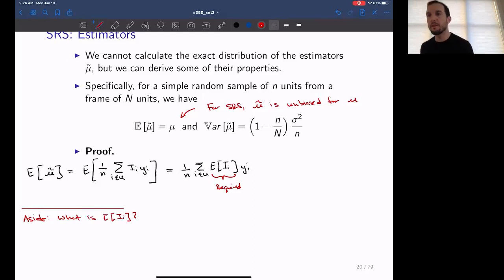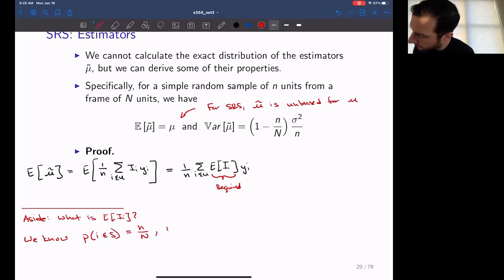We determined on the previous slide that the inclusion probability for each individual observation is little n over capital N. So the probability that i is in S is equal to little n over capital N. Therefore, the probability that capital I sub i is equal to 1 is also little n over capital N. This is actually the same probability.